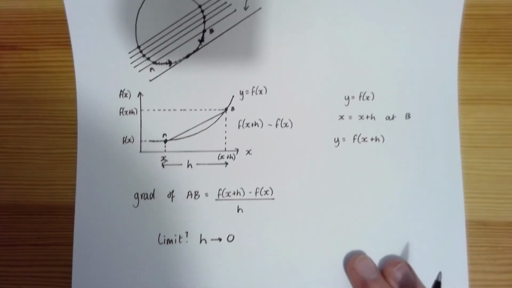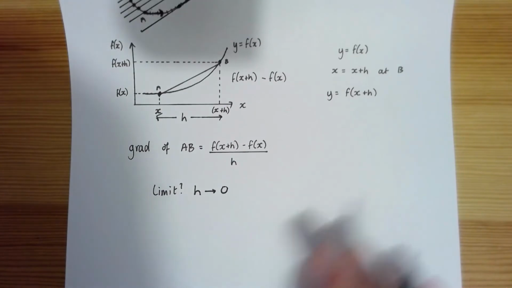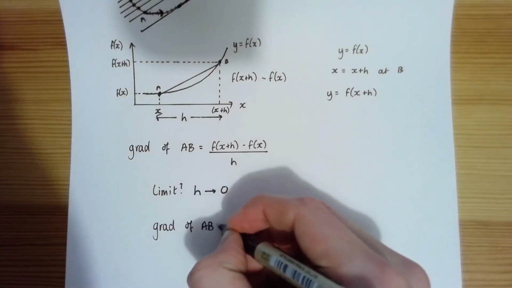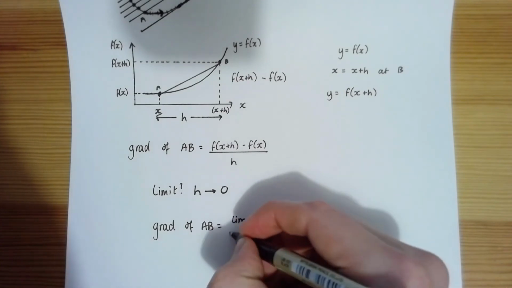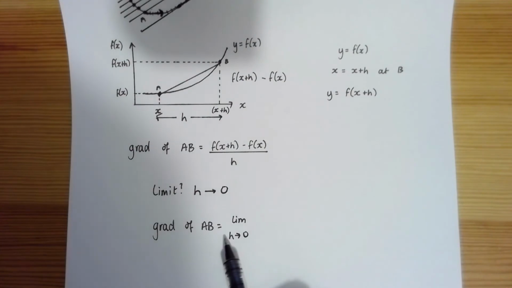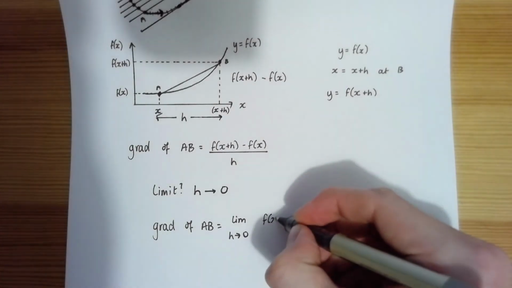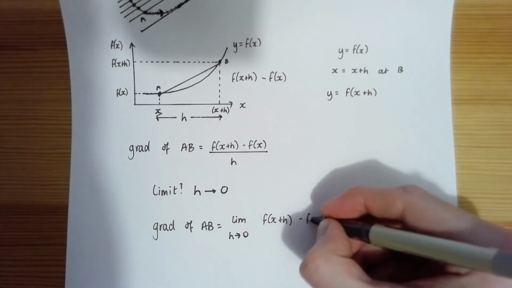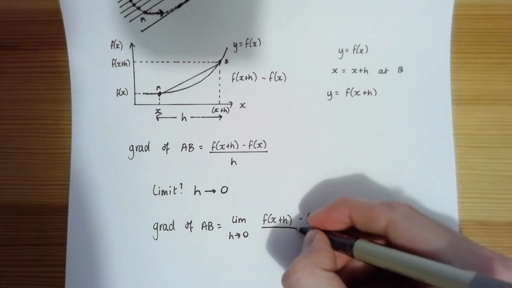So we have to add a limit on the front of our formula. So we're going to say the gradient of AB is equal to the limit of h tending towards 0, and that's the notation that we use for h tends towards 0. And then just the formula that we worked out previously, f of x plus h minus f of x divided by h.